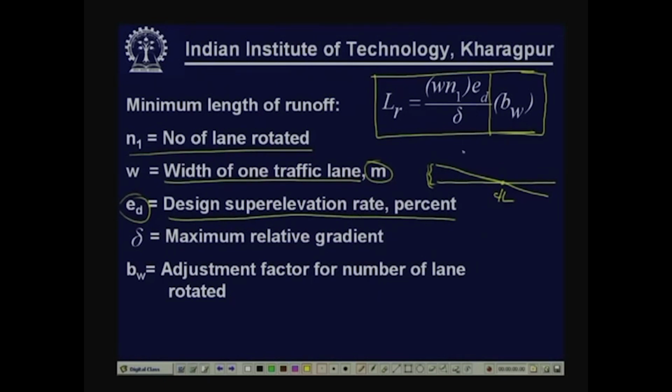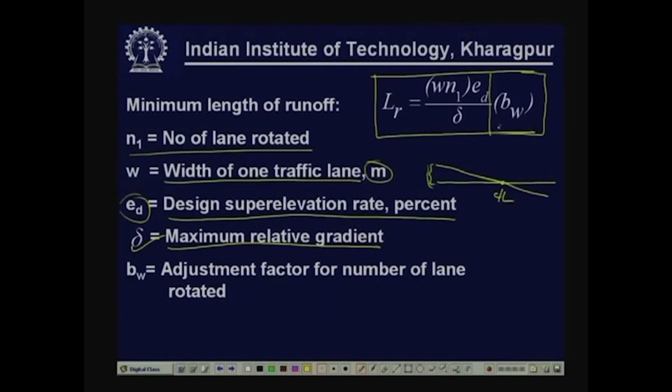This much change is to be achieved over a length with delta, the maximum relative gradient. So, what is the length required? Length required would be W n 1 into E d by delta. So, that much length will be required to achieve this required super elevation with maximum relative gradient.